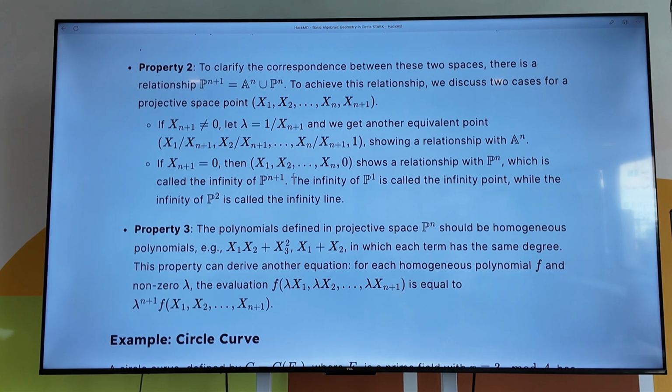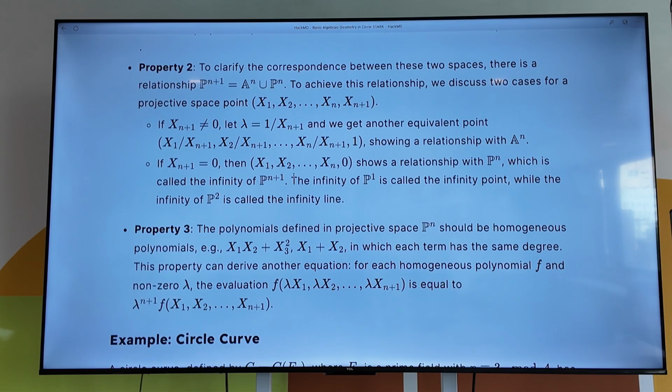And if xn+1 is 0, we have already cleared a variable, and with this form we can multiply other non-zero lambda to the other point.